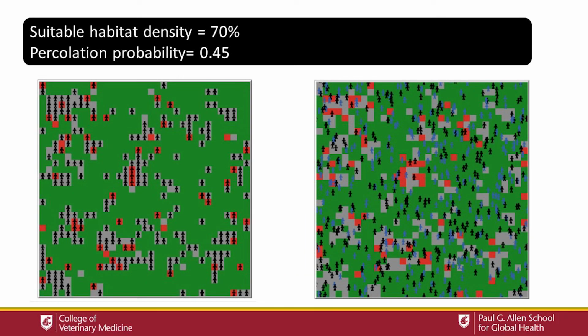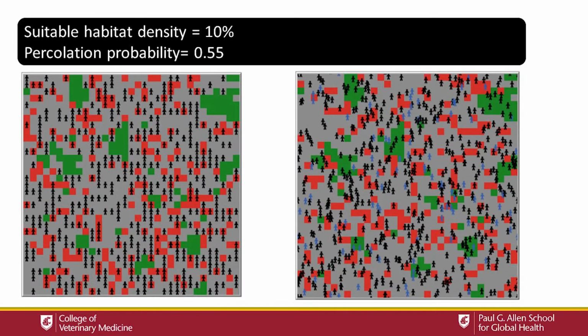Just to give you an example, this is how a landscape with 70% coverage and a percolation probability, which we use to estimate that fragmentation level, of 0.45 looks, which means it's pretty aggregated. And this is the opposite, still an aggregated landscape but at 10% forest cover.